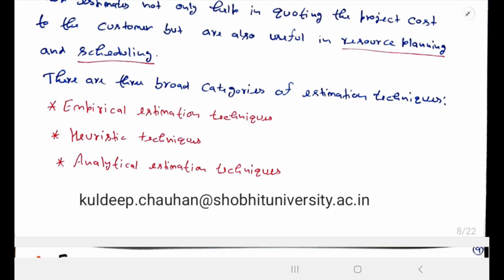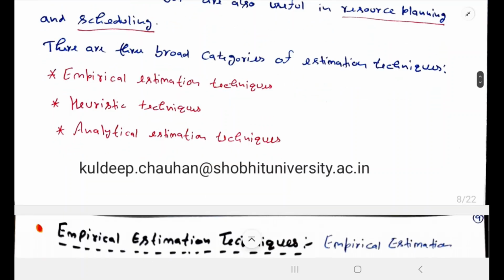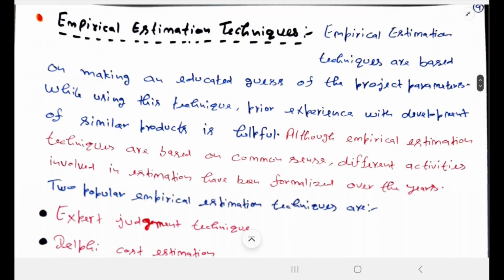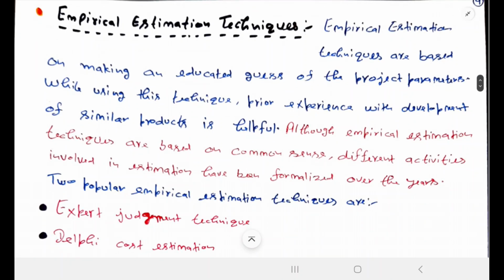Here we use some past data. The most common example of this is the COCOMO estimation model. We will learn about this in the upcoming lectures. So let's start with the first one, that is empirical estimation technique.